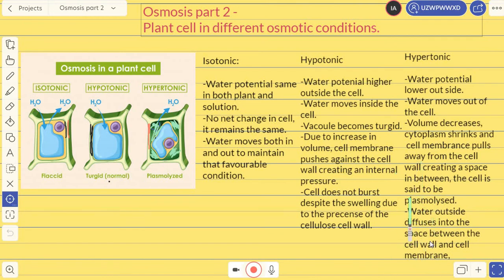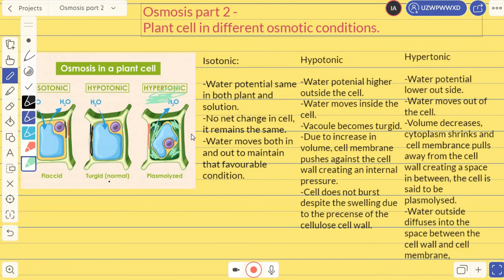Now this is not the end of the story. Although it is losing water, eventually the cell will lose so much of its water outside, and then it will reach a point when the concentration of water will get higher outside of the cell, right? I'm coloring this blue so that you can understand. It will get higher outside of the cell in the solution. So what will happen is that water will move back in via osmosis.